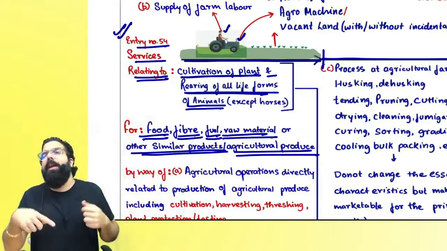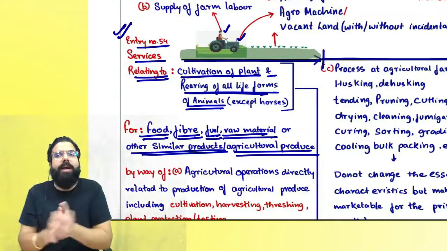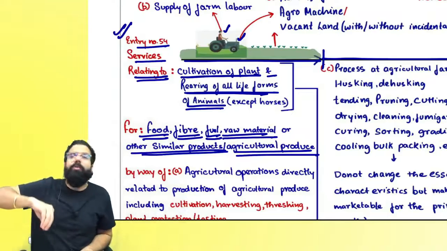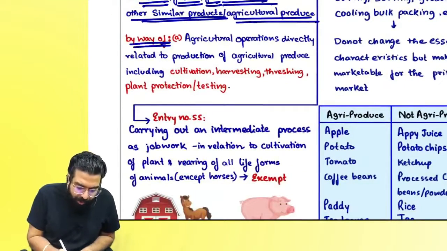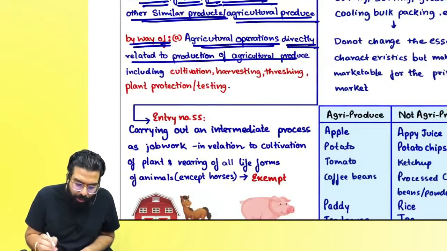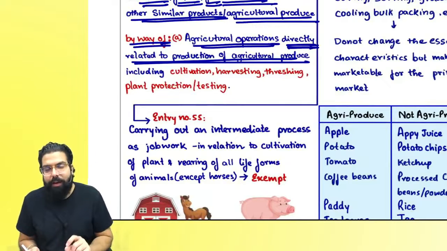So if I am a person doing cultivation of plant or rearing of life form of animal, and somebody is giving me services which are by way of what? Agricultural operation, directly or indirectly in relation to what? Directly in relation to production of agricultural produce.